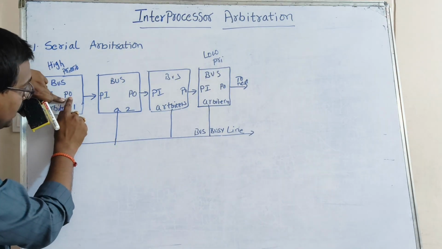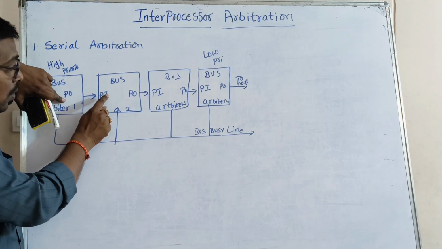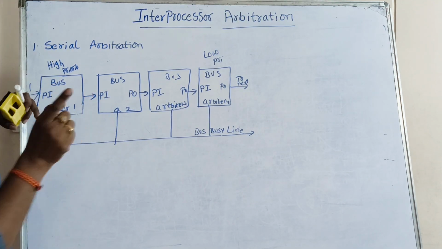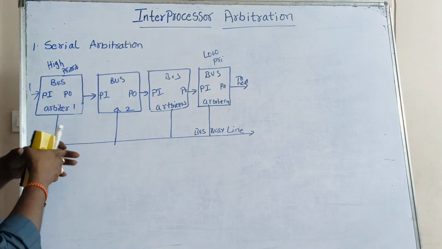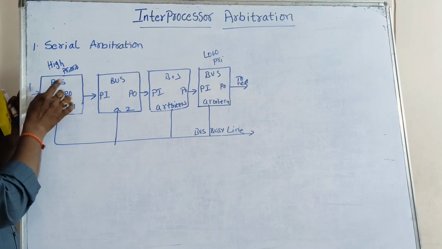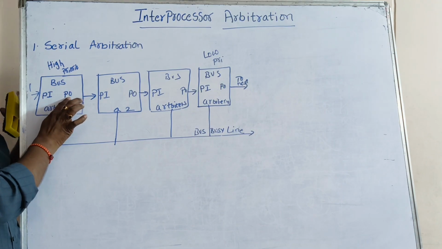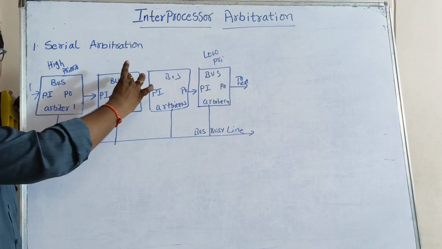This priority out is connected to priority in of the next arbiter. Now what is this value? This value is 0. That means the bus is not allocated to this arbiter. For example, here in this PI, this arbiter doesn't require the bus. Obviously, its PO value is equal to 1. If this one requires it, it uses it.